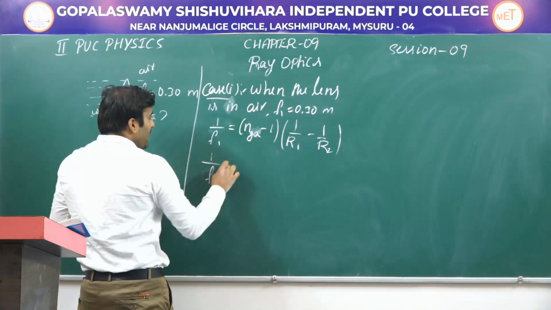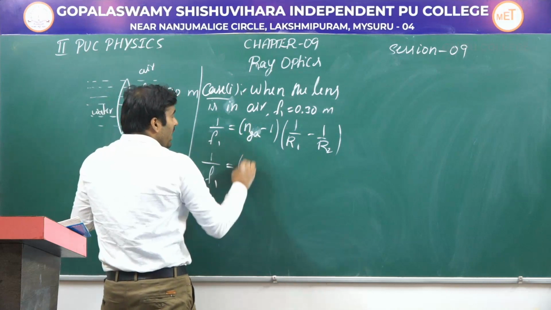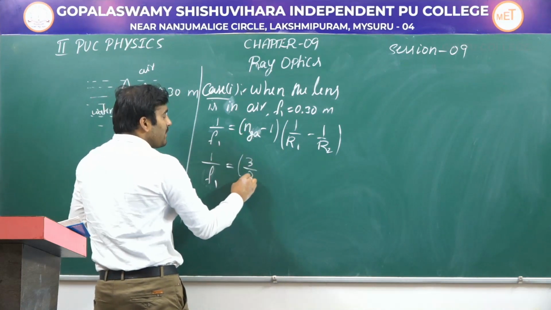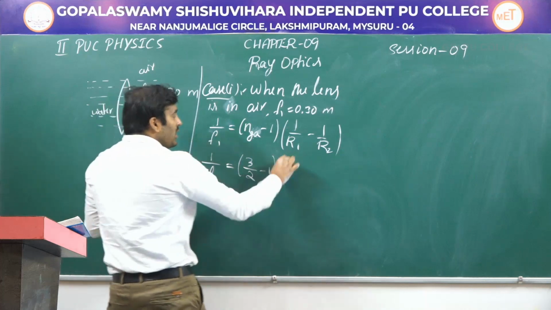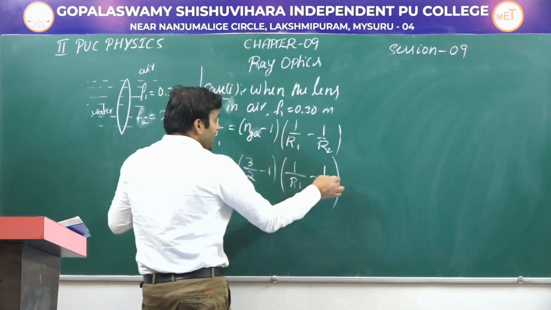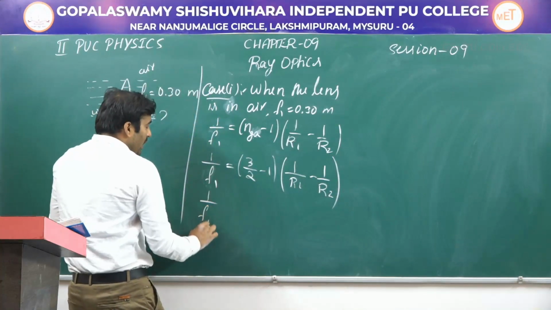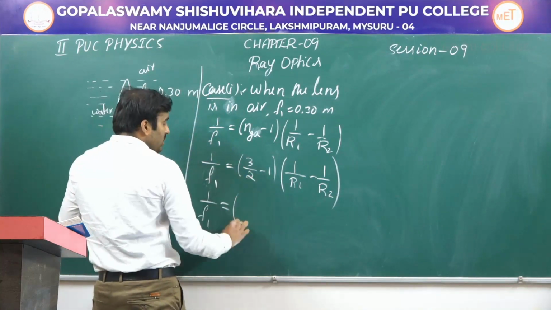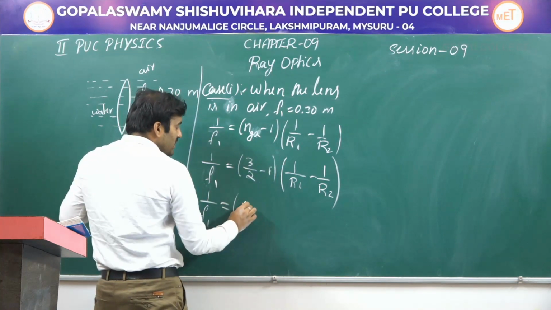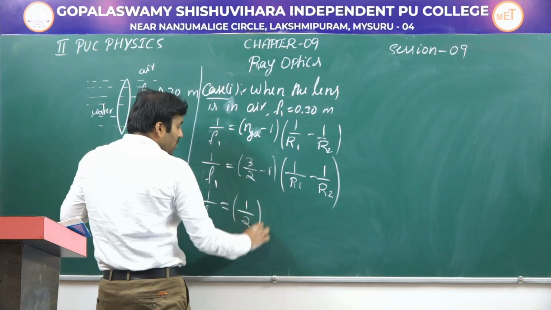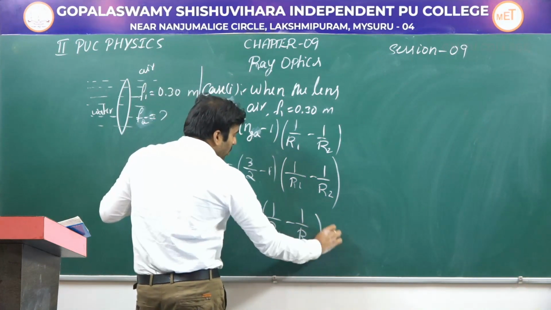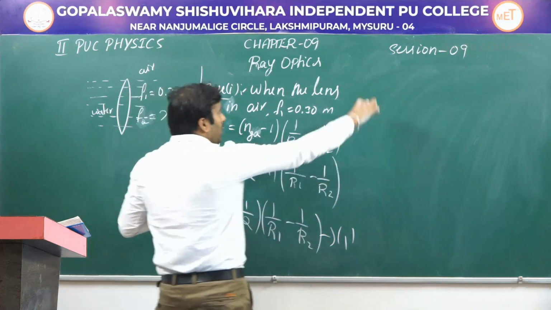So 1 by f1 is equal to (3/2 minus 1) into (1 by r1 minus 1 by r2). Taking the LCM, we get (3 minus 2) by 2, which is 1 by 2 into (1 by r1 minus 1 by r2). Take this as equation number 1.